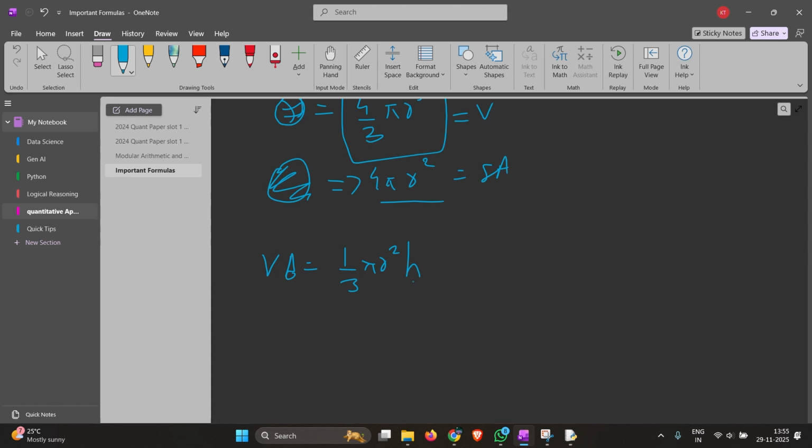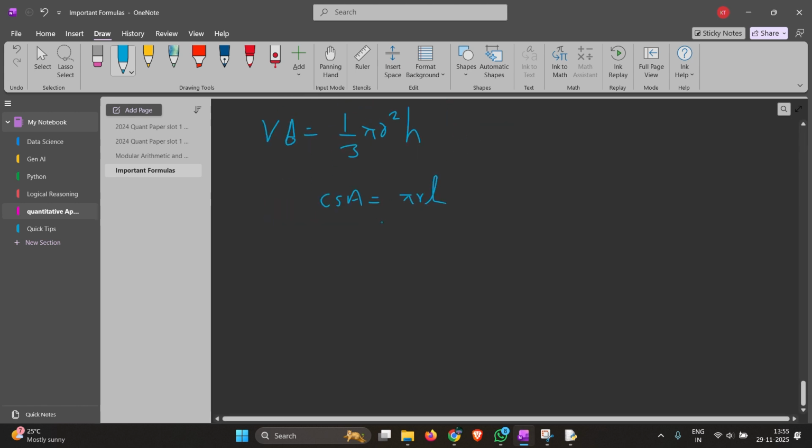So 1 by 3 pi r square h, and the conical surface area, the CSA of that same cone, is just pi r L, where L is nothing but the slant height, the slanting height of this cone.